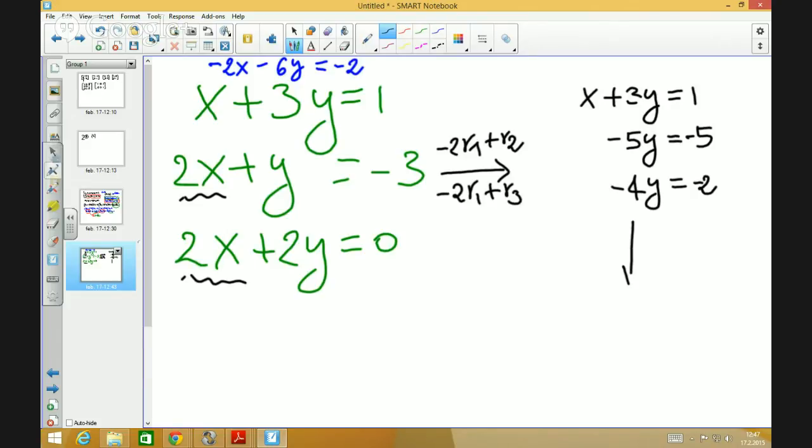So what I'm going to do next is I'm going to take the second equation and I multiply it by -1/5. Oh, sorry, this should be R2. So what is it that I get? x plus 3y equals 1. And now I get y equals 1.